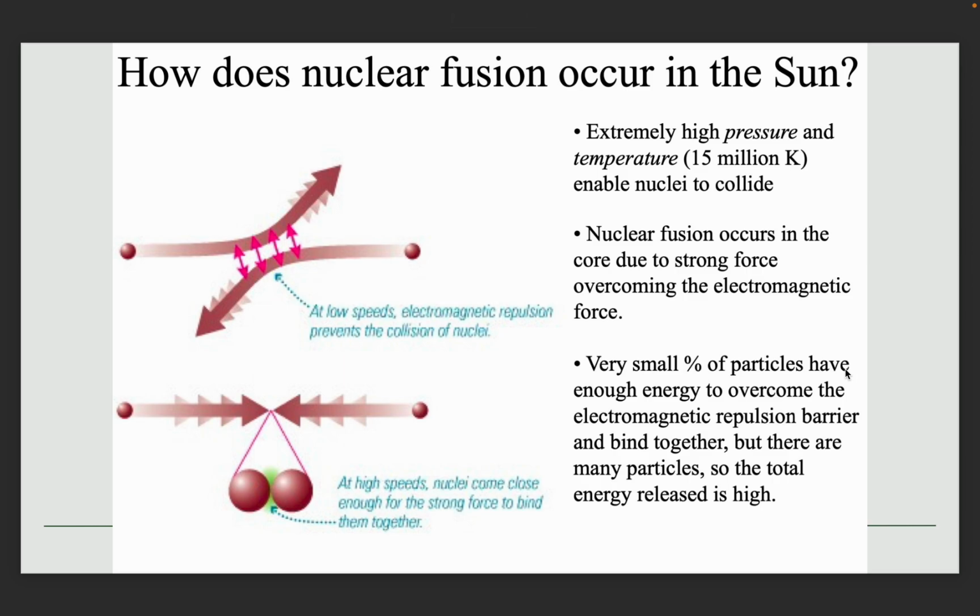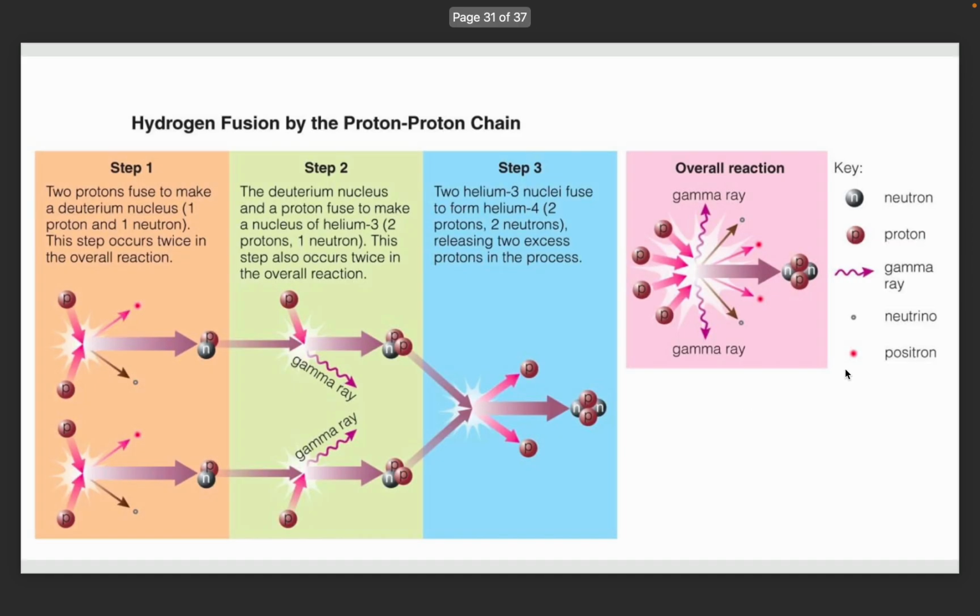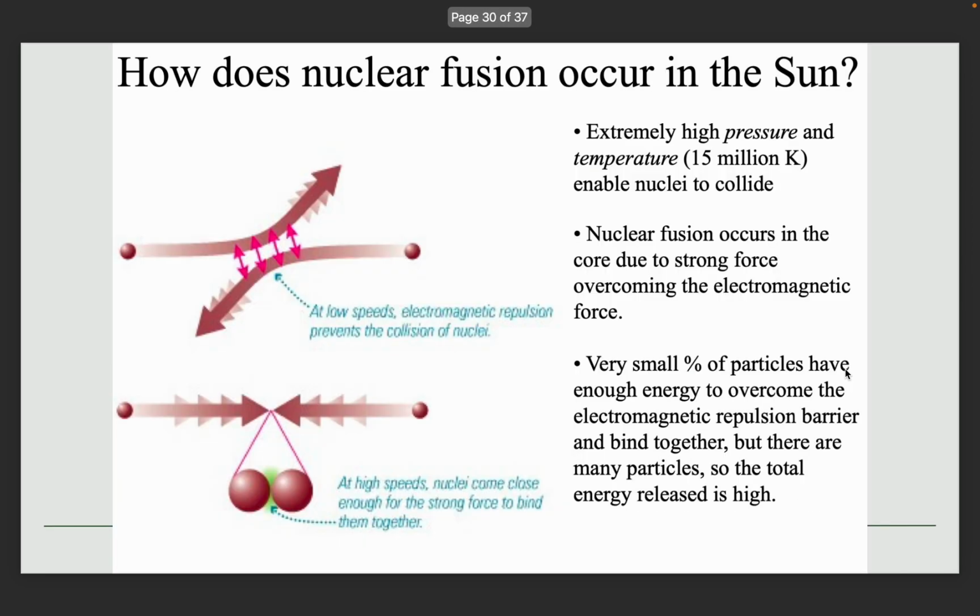So how does nuclear fusion happen in the sun? What we discussed, we can just recheck. In the sun's core, the temperature is very high, about 15 times 10 to the power 6, that is 15 million Kelvin.